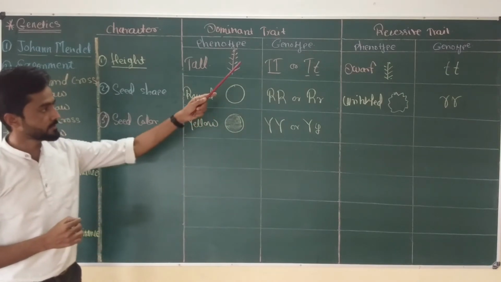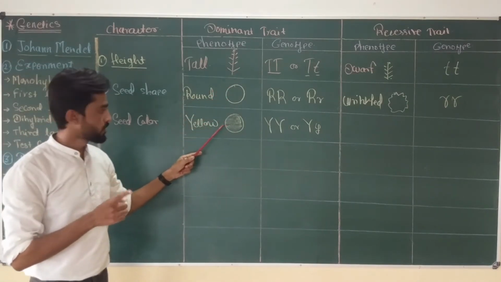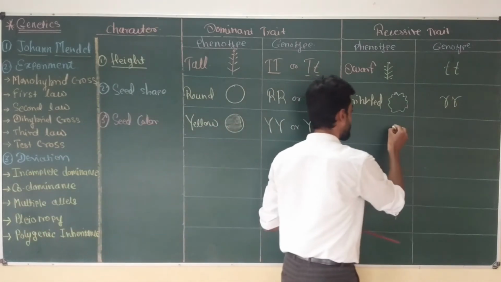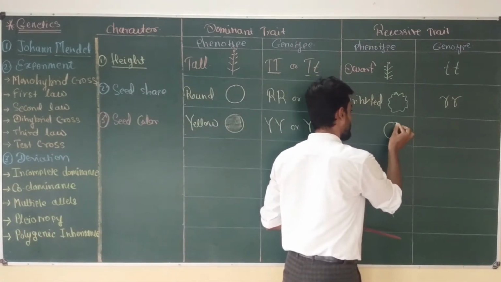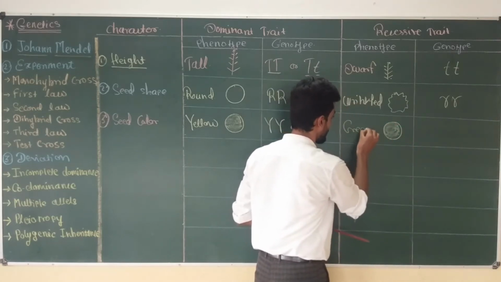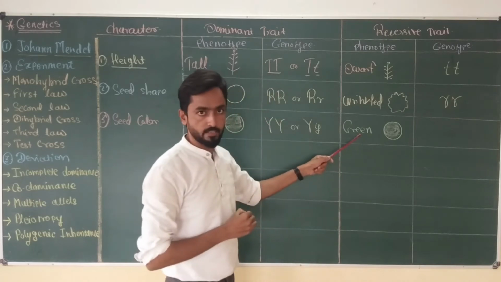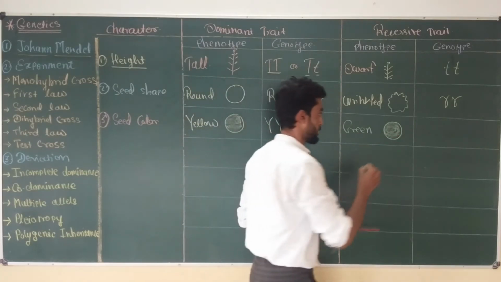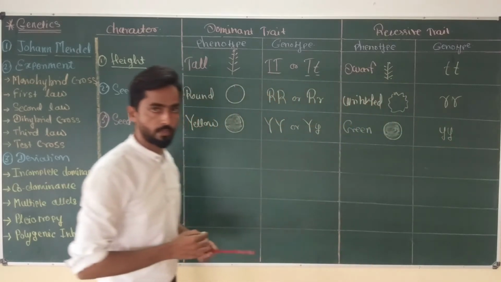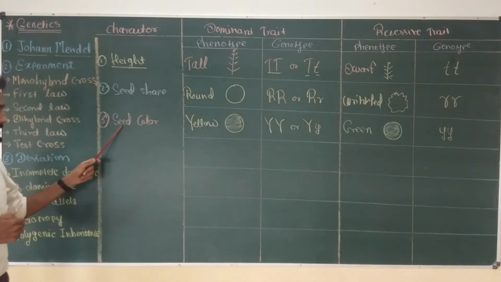The recessive partner of the seed color is the green seed. So the recessive trait for seed color is green color, and the genotype will always be small y, small y. So this is character number 3, seed color.